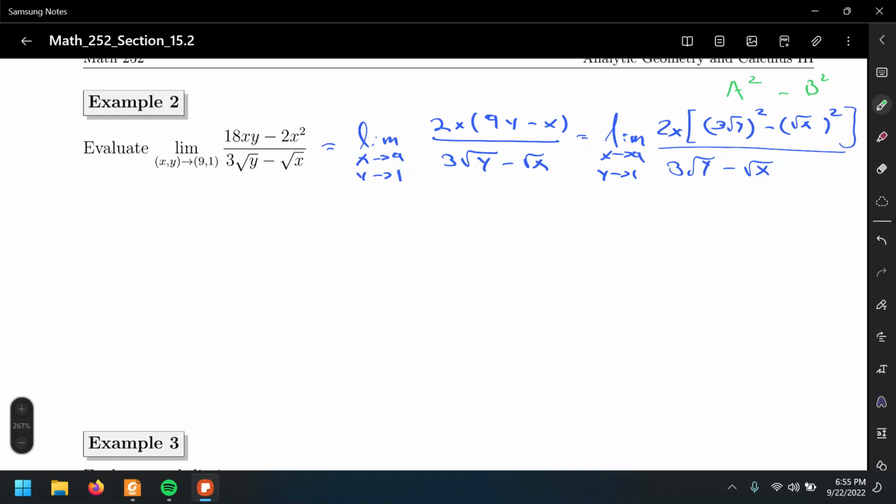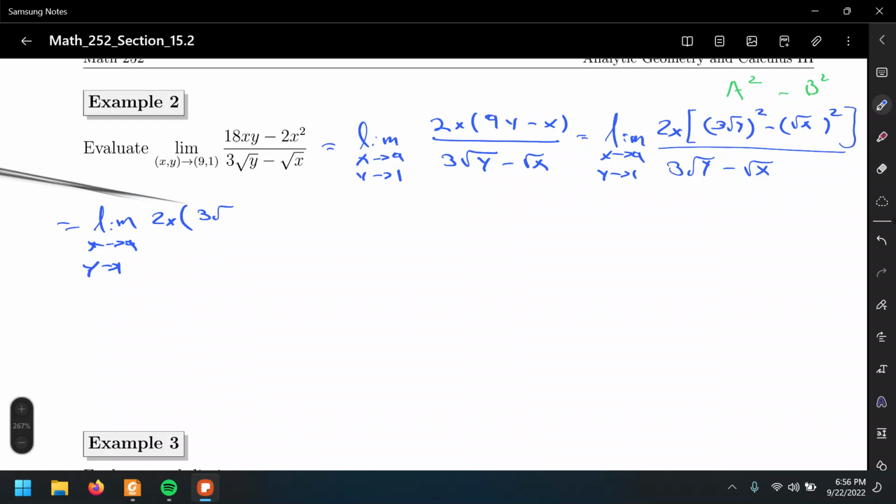I think it's one of those special products to factor. It's a difference of squares. So the limit as x approaches 9, y approaching 1 of 2x times, well, basically a minus b, a plus b.